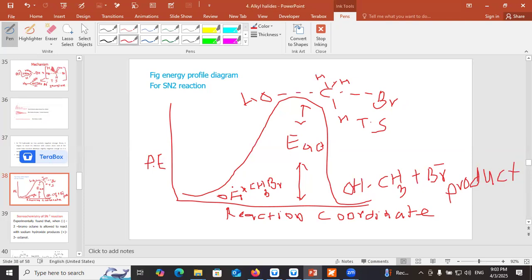And this is the hydroxyl and methyl bromide is the reactant. Activation energy.